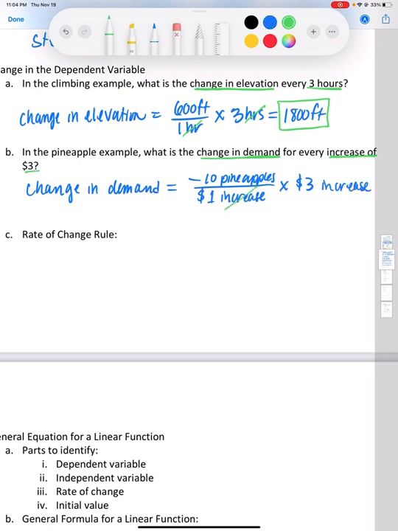My dollar increases will cancel, and I will get negative 30, because negative 10 times 3 is negative 30 pineapples sold per day. So it's a decrease.